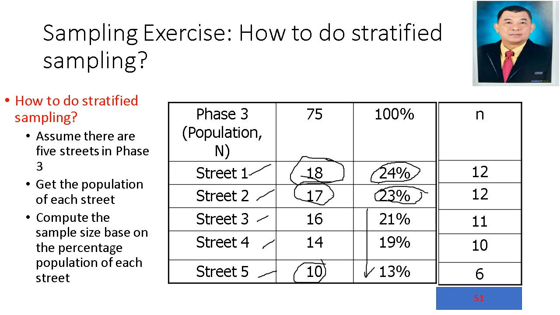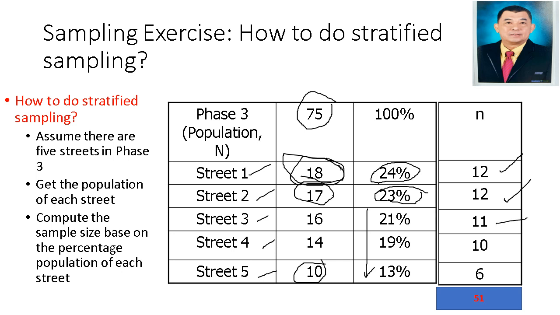Now, you have two options here. Either you use all of the 75 as your sample size, or the second option, you use again the number that we got from Slovin's formula, which is 51. So, if we have 51, we get 24% of 51, which gives us 12 sample size in street number 1. 23% of 51 gives us again 12.